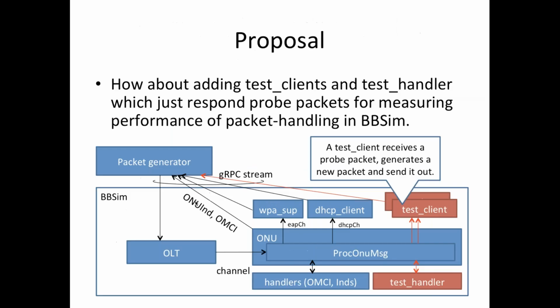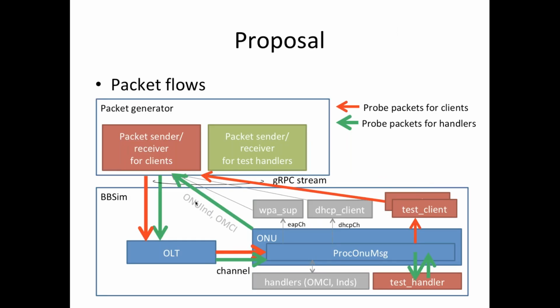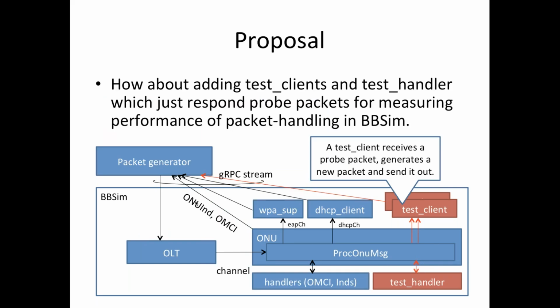So what I mean is that we need to have a packet generator for just probe packets. I mean, BBSim would need to have test clients and handlers that just respond to the probe packets from the packet generator. Sorry, let me get back to this page. What I mean is, how about adding test clients and test handlers which just respond to probe packets for measuring the performance of packet handling in BBSim.